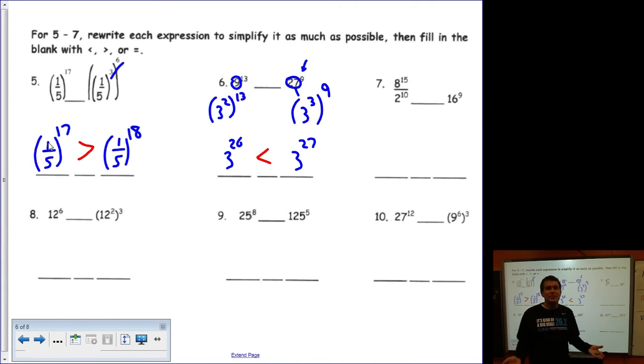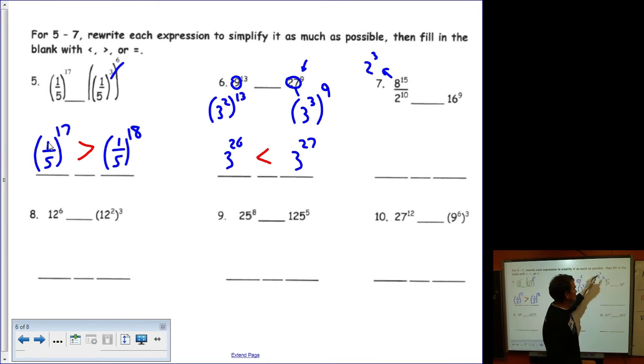Number 7 is probably the hardest problem of these. All of these can have their base lowered because all of these are perfect squares or perfect cubes. Let's start with the fraction on the left. 8 is a perfect cube. It's equal to 2 cubed.